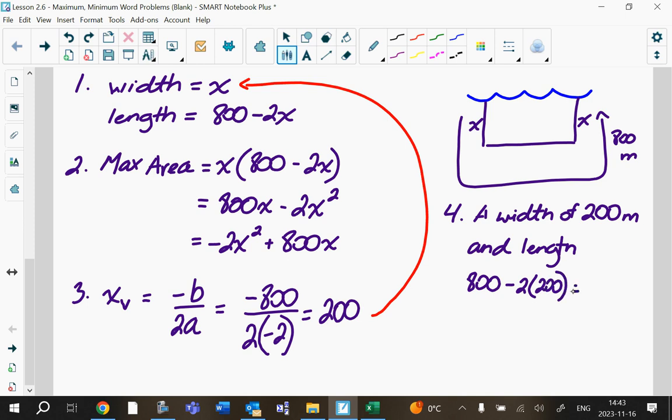What do you get? What's 2 times 200? What's 800 minus 400? So those two dimensions give the maximum area.